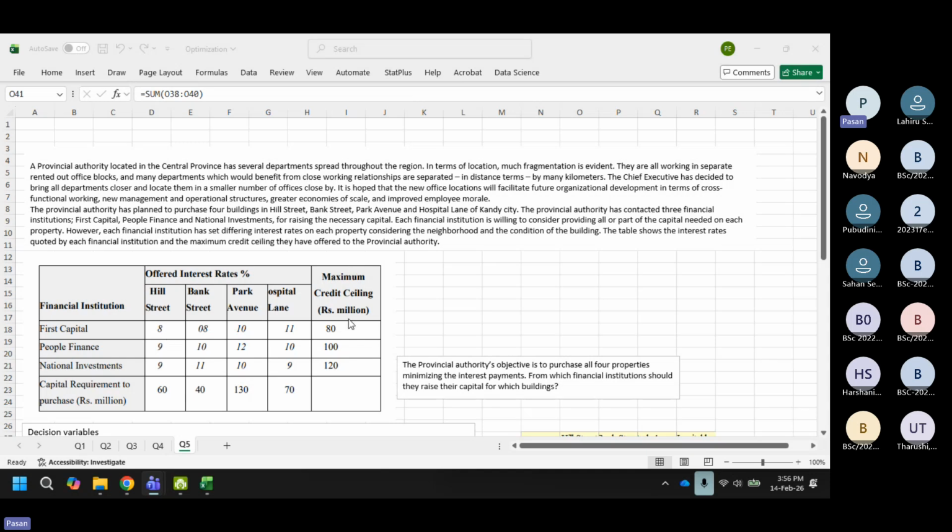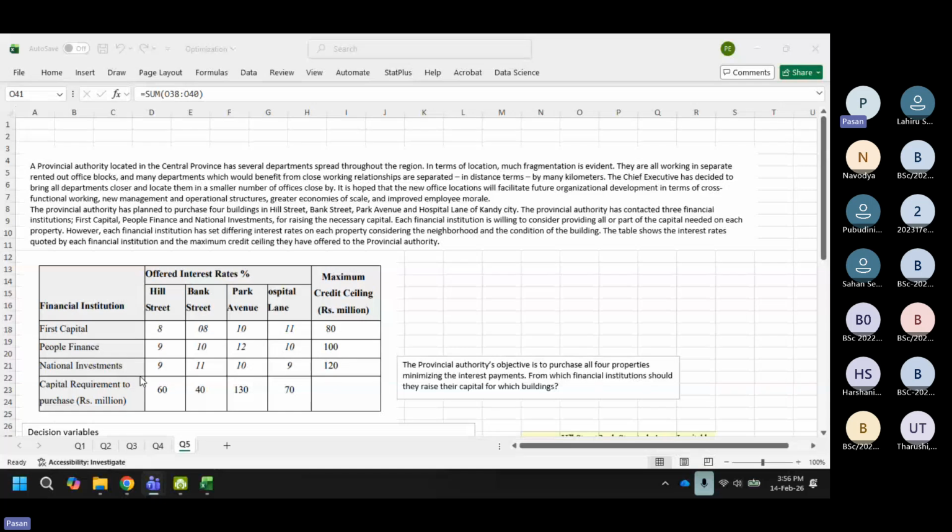But of course, what happens is that once they go to the different financial institutions and ask for the loan interest rates, the different places are giving different rates.